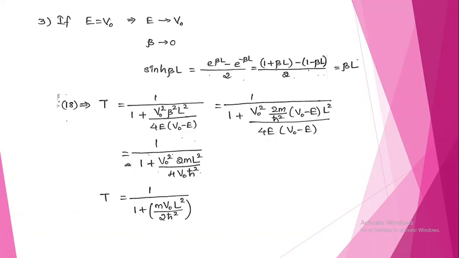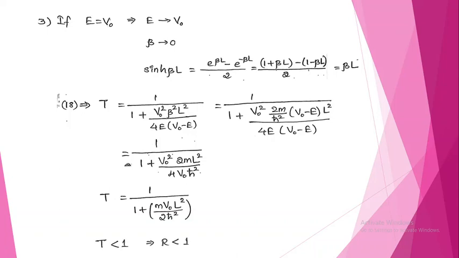So if you observe this denominator term, that is mass into potential into length of the barrier and h cross. When you substitute the values, finally you get a positive value. So transmission coefficient T will be equal to 1 by 1 plus some term.